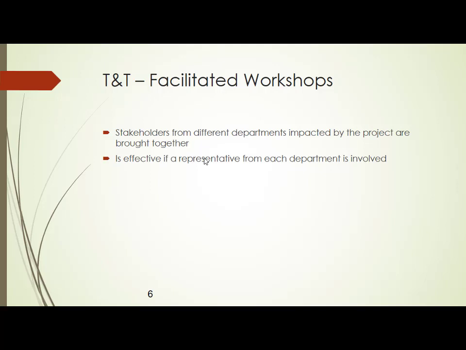You put all the representatives from all the stakeholders together and conduct one facilitated workshop, and ask what their expectations are about this project. In this case, you are going to perform a kind of brainstorming session with all these representatives, so that there is no conflict.